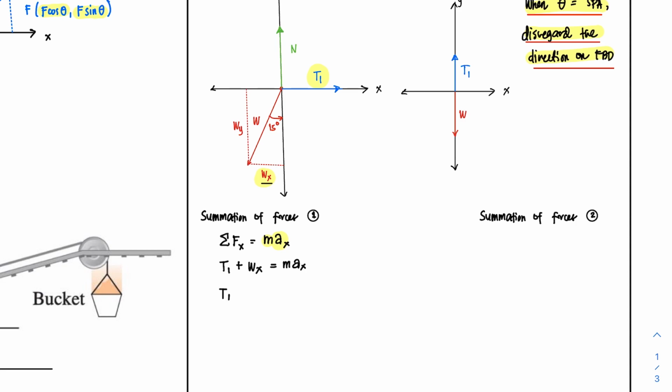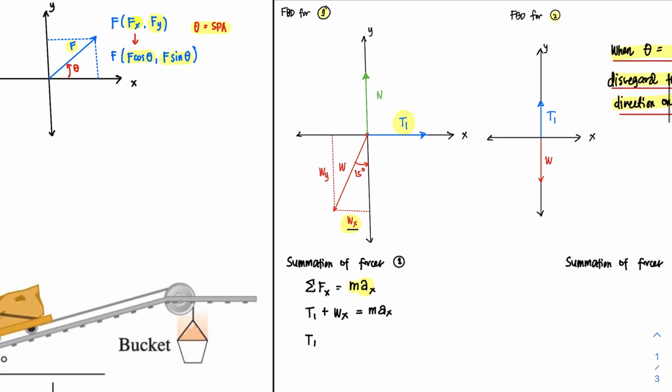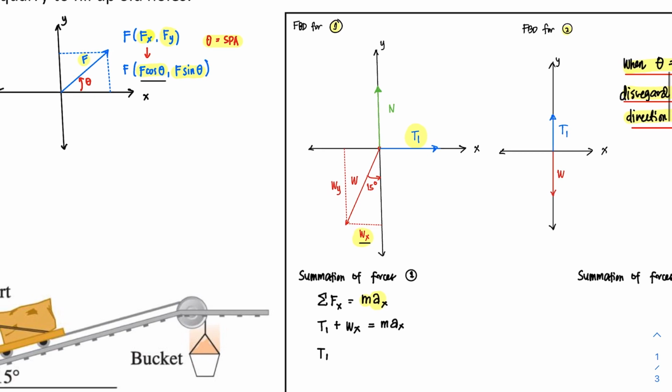Now, T1, we don't have a problem with T1, but we have something to do with Wx. So how do we get this Wx over here? We get that Wx by remembering this one.